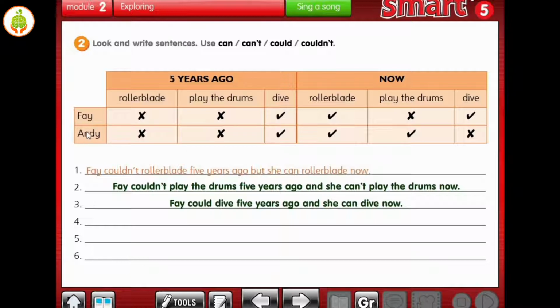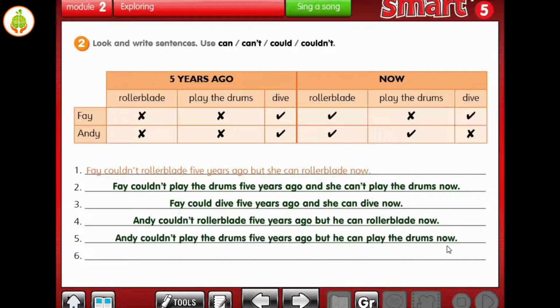Now let's go to Andy. Andy couldn't rollerblade 5 years ago, but he can rollerblade now. Very good. Now let's go to the next activity. Andy couldn't play the drums 5 years ago, but he can play the drums now.